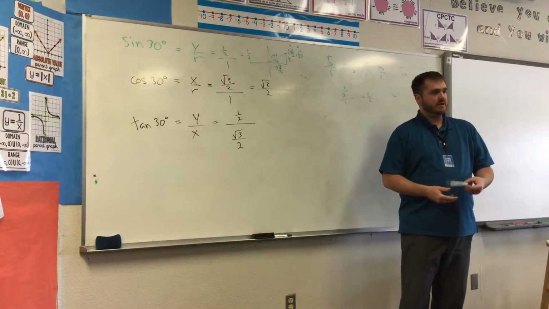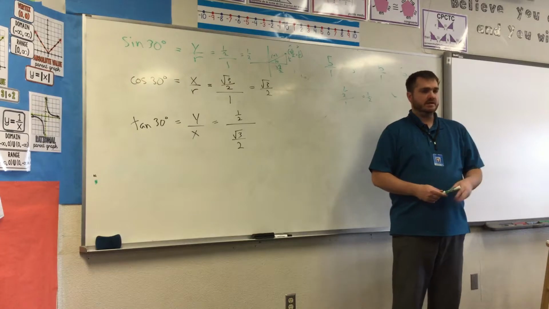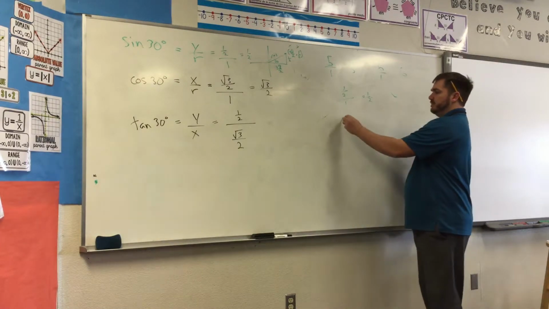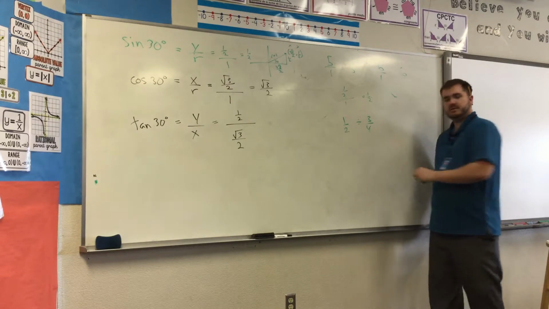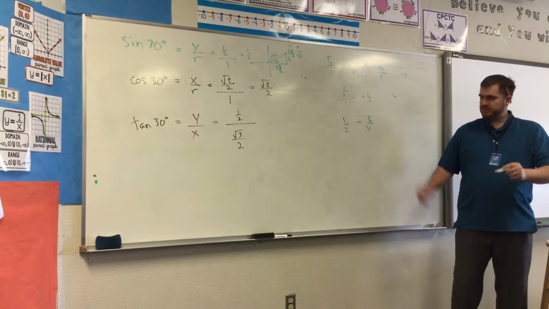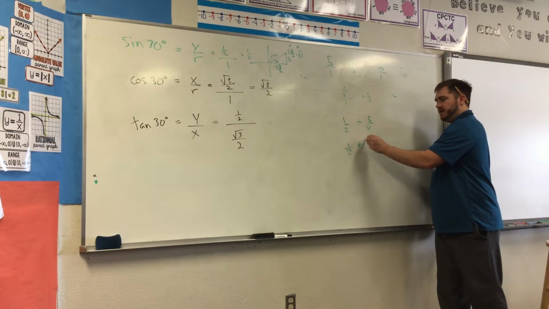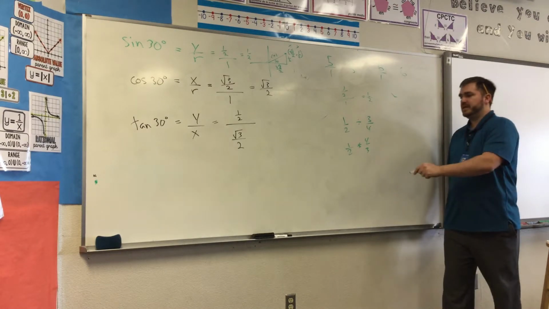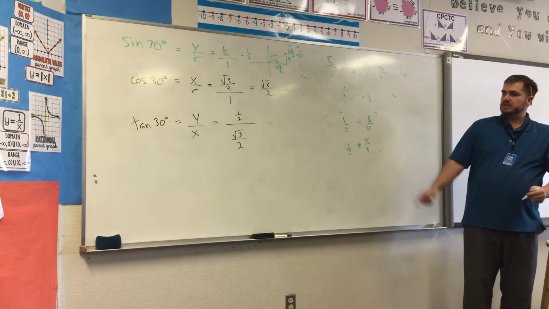Going back to the well here, 6th grade math. Yeah, he's got it. Does anybody remember how you took 1/2 divided by like 3/4? Flip the second one. Yeah, that's right. Reciprocal. So you do 1/2 times the reciprocal of the other.